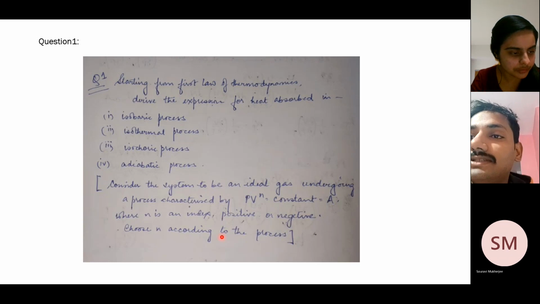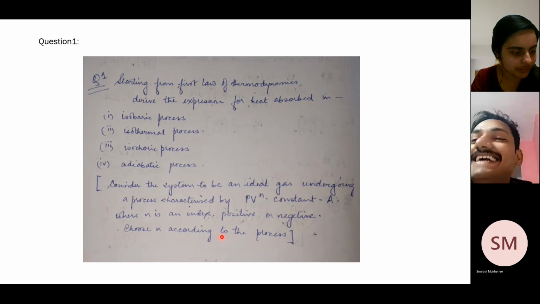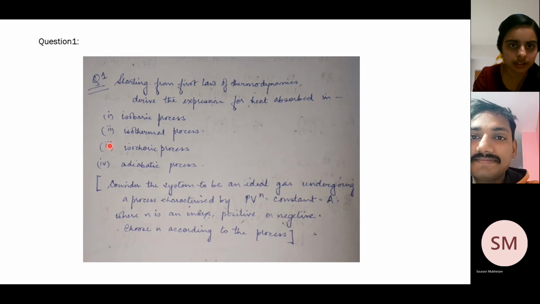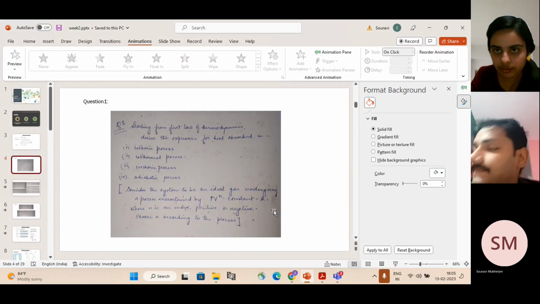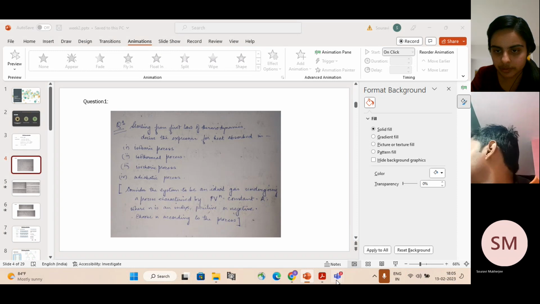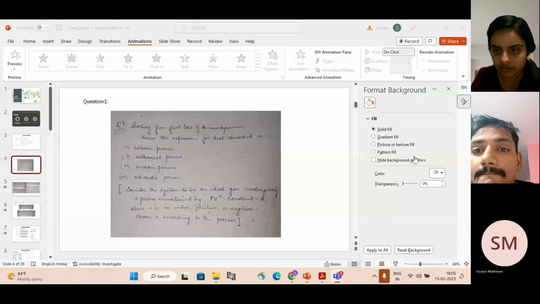You don't have to rotate your camera. What you have to do is go to this, okay, one second. Maybe if I open Teams, one second.